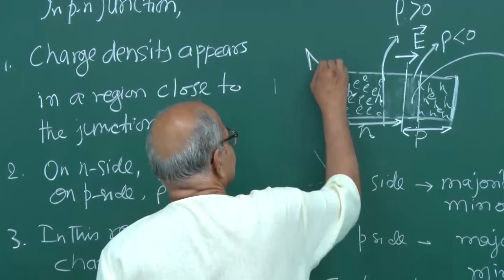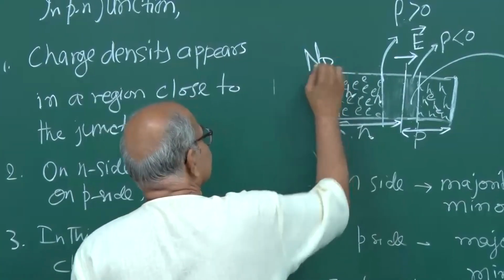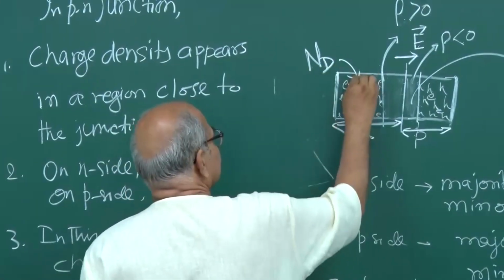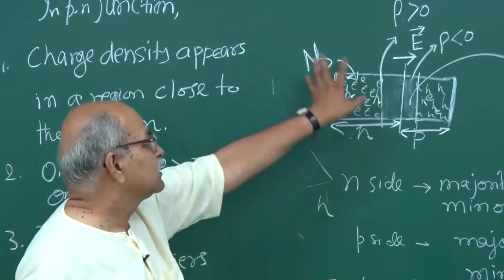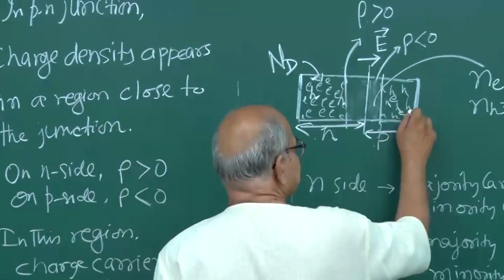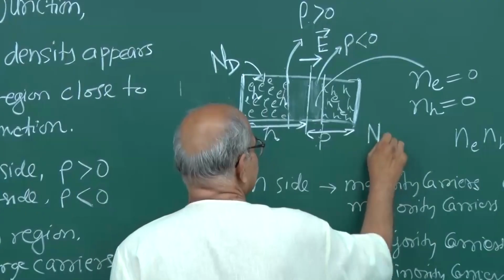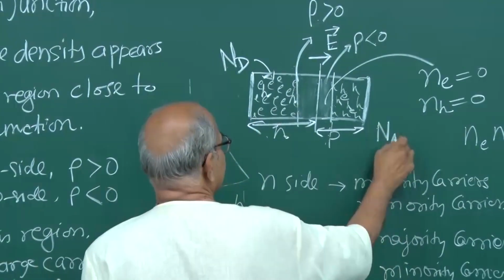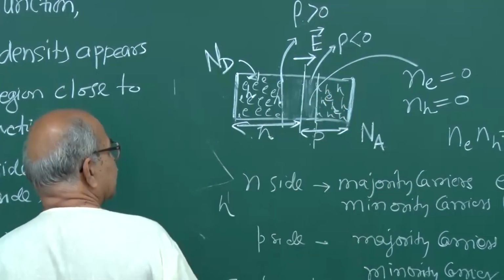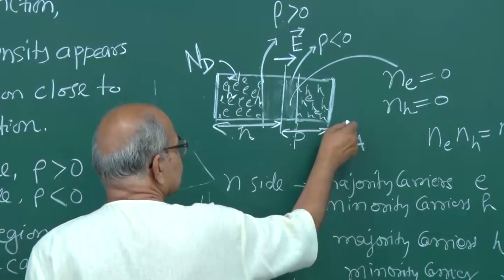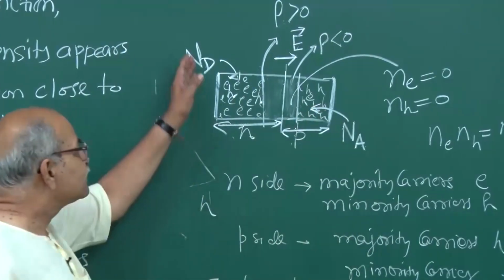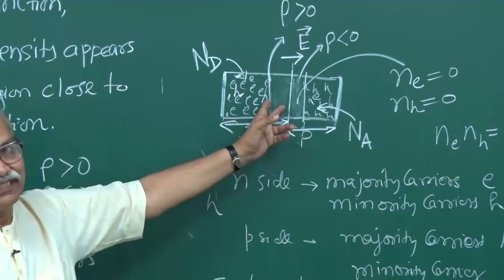So, Nd is the donor ion concentration, the one we have doped. And this side is acceptor. So, this impurity is acceptor. This is the number of acceptors that we have doped per unit volume, and that decides this width.